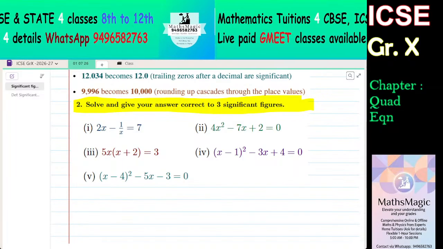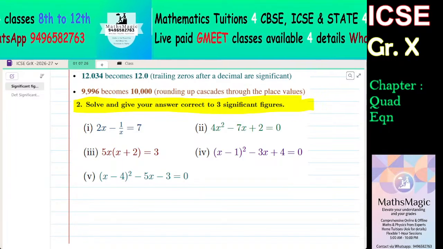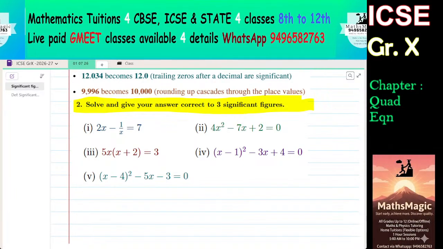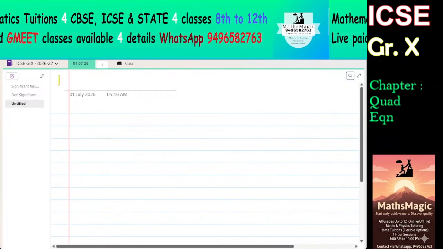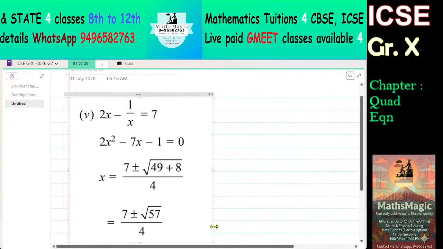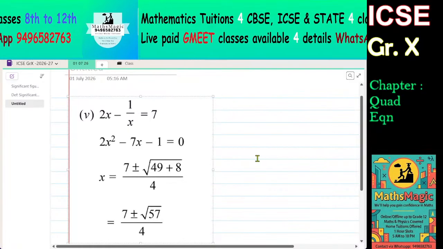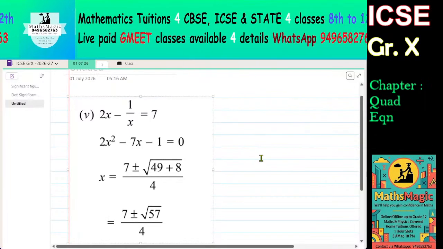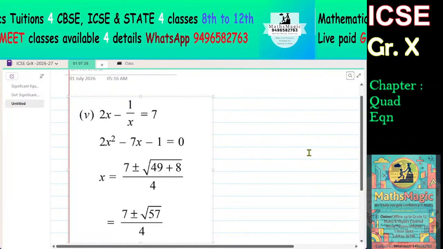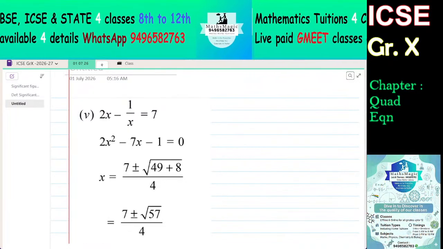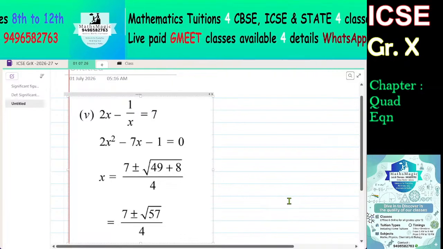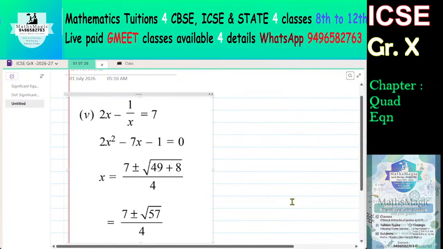We have just made it a little bit neatly. For those late joiners, just go through this answer. Most of the others have completed. And if you have more doubts, just message me. We'll discuss it later. So for that 2x minus 1 by x, we have made the quadratic equation and we got root 57.